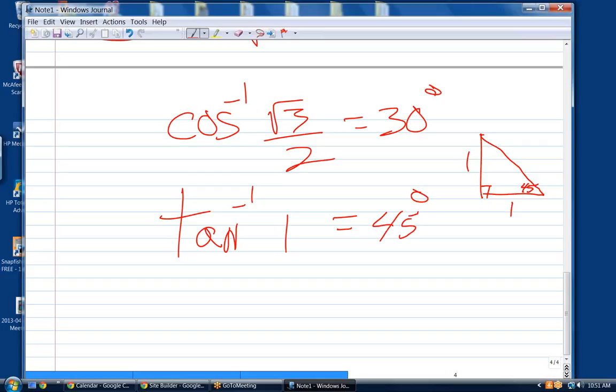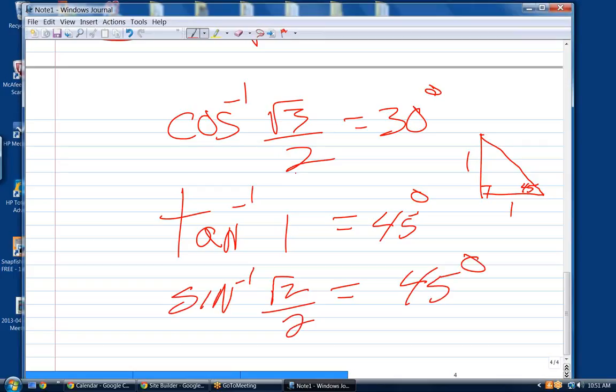Where is the inverse sine of root 2 over 2? That would be 45 degrees. What's the inverse sine of negative root 2 over 2? That could be two answers, couldn't it?